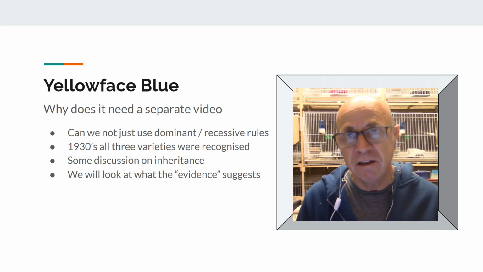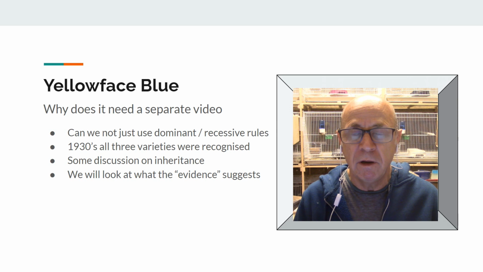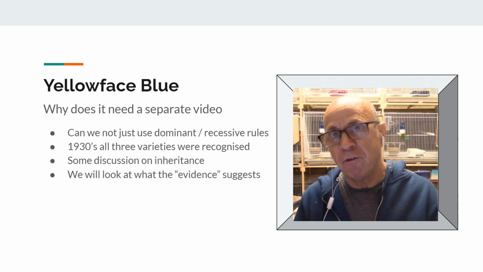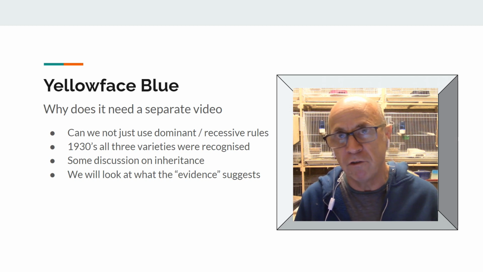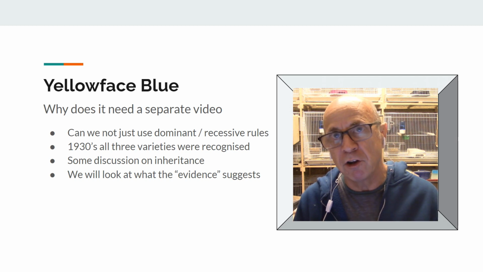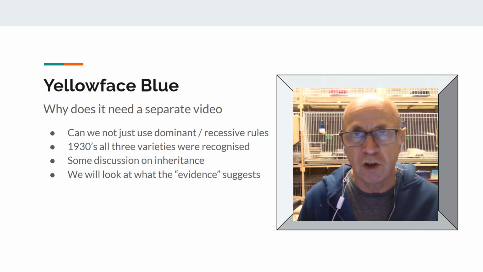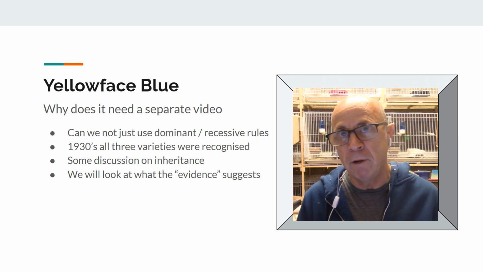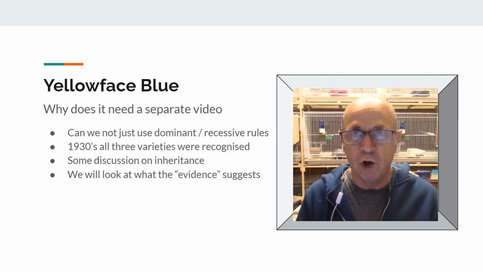But back then the breeders didn't really understand how the inheritance worked, and the way the Mutant 1 variety inheritance worked was sort of linked together with the way the other two varieties worked. So all the Yellowface varieties were assumed to be very similar in the way the inheritance worked.